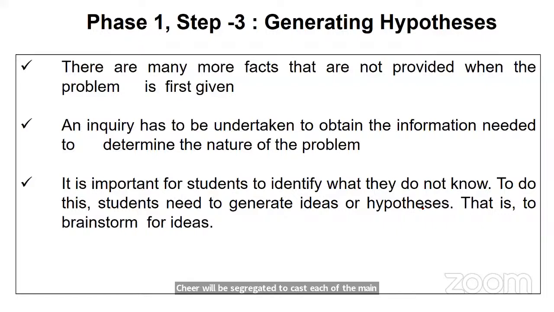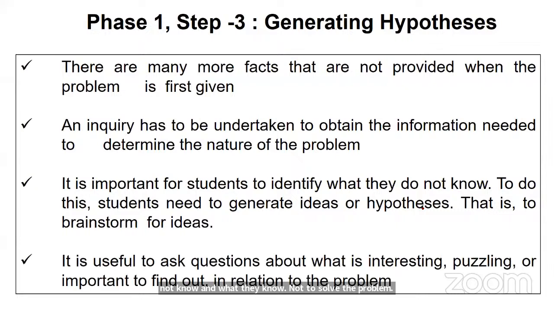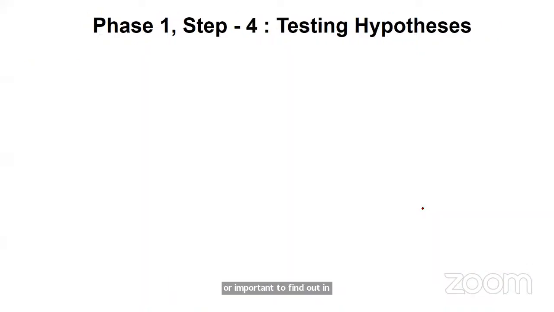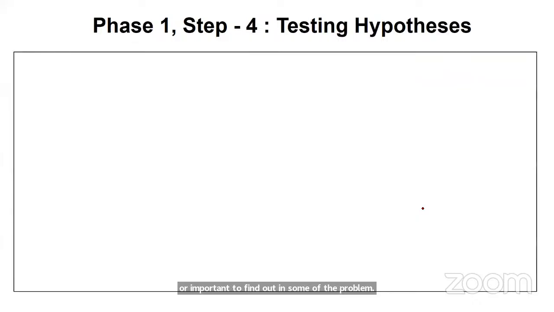And it's important for students to identify what they do not know and what they know in order to solve the problem. The students need to generate ideas or hypotheses, that is, to brainstorm ideas, right? And it's useful to ask questions about what is interesting, puzzling, or important to find out in relation to the problem.